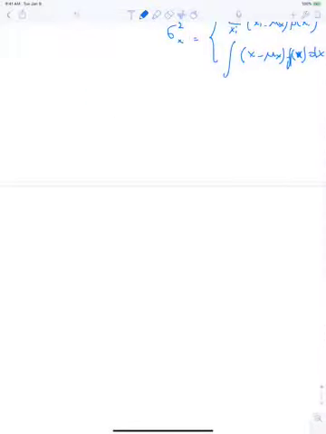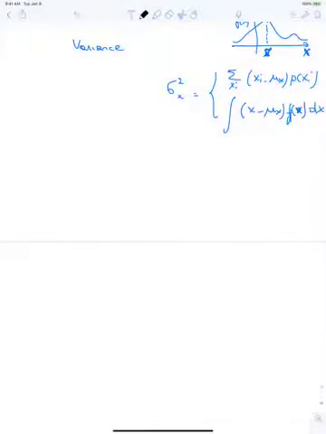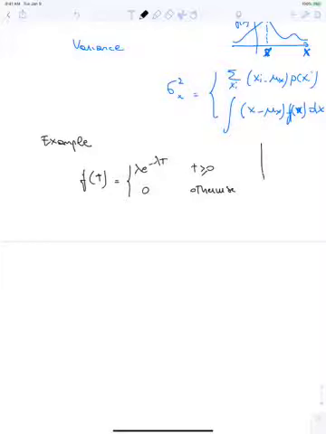We also saw some simple examples where we actually computed the mean and the variance. For example, we looked at the exponential distribution: lambda times e to the power minus lambda t for t greater than or equal to 0, and 0 otherwise, which is essentially a probability density function with high likelihood for values close to 0, and then the likelihood converges to 0 as t goes to infinity.